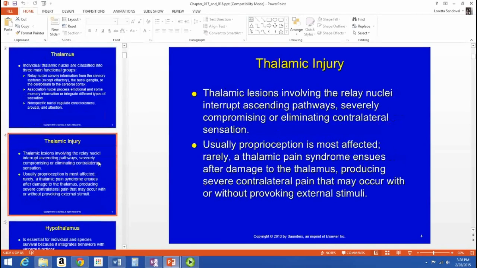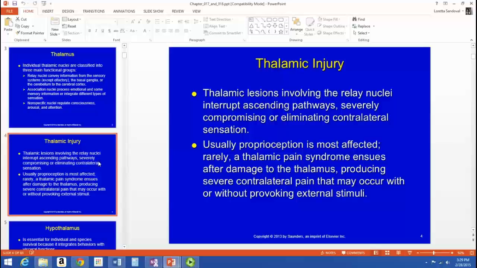So when you get thalamic injury, lesions that involve the relay nuclei interrupt those ascending sensory pathways, and so they compromise or eliminate sensation on the contralateral side of the body because it's already crossed over in the medulla. Remember that?